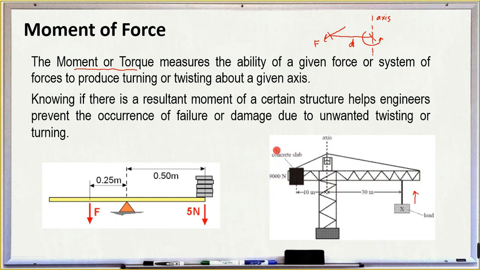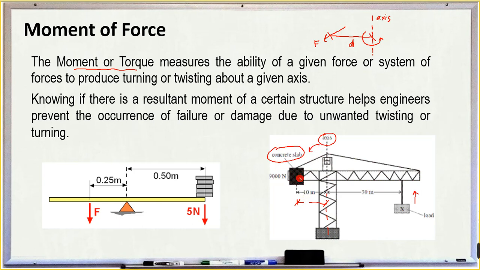So there is a concrete slab here, placed at a specific distance with respect to this axis, a predefined distance, so that the system does not turn upside down, buckle or turn.